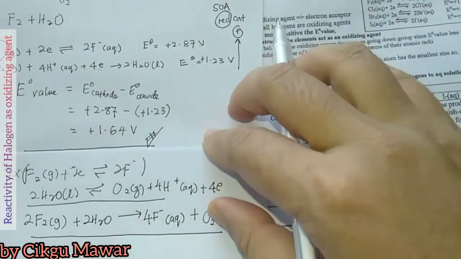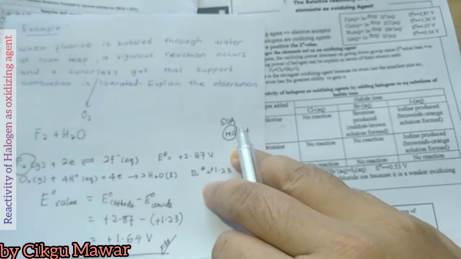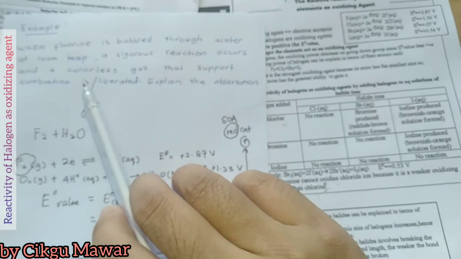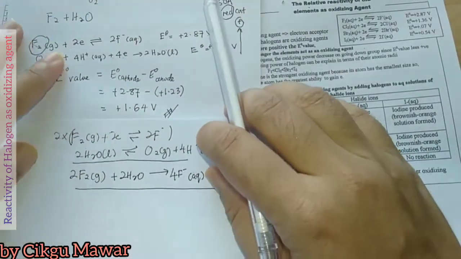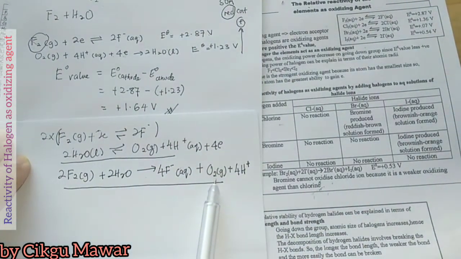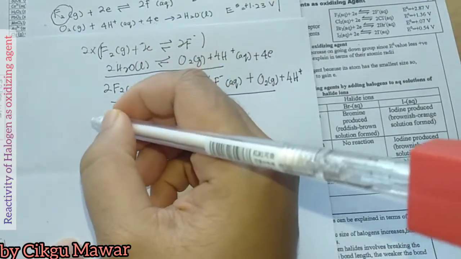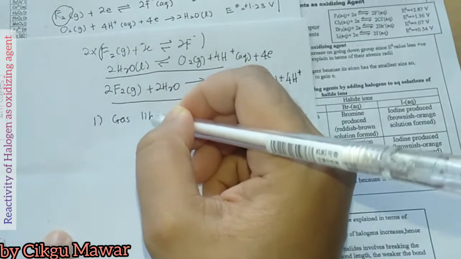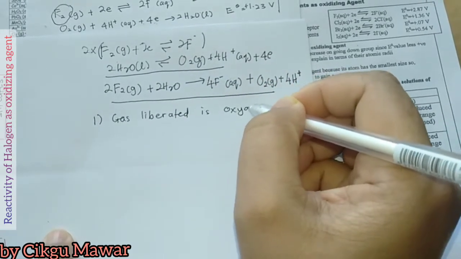Then from the question given, the colorless gas that supports combustion refers to oxygen. From the overall equation, the oxygen is being released. Finally, we just answer the question. Number 1, the gas liberated is oxygen gas.